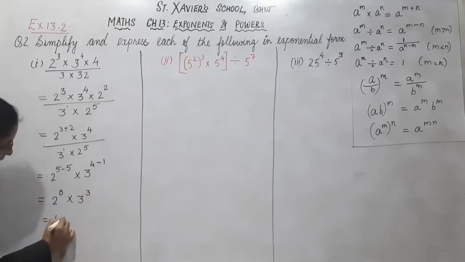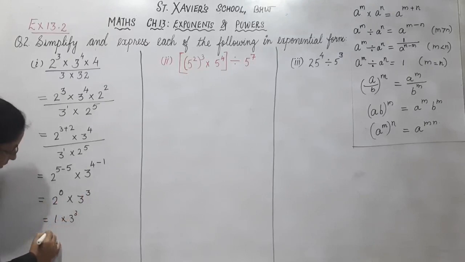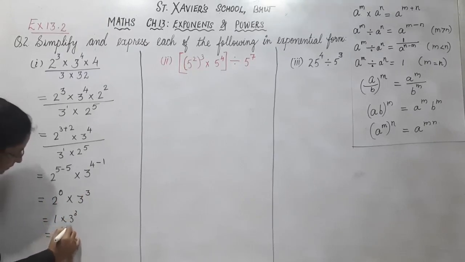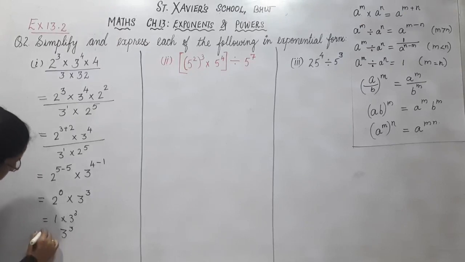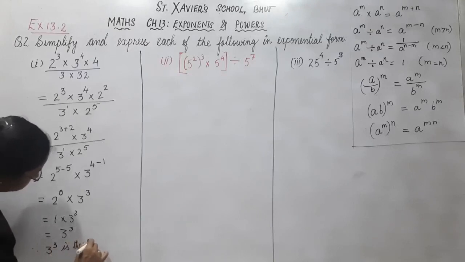That is 1 into 3 cube is equal to 3 cube. So along with the question you can write the answer: 2 cube into 3 raised to 4, therefore 3 cube is the required answer.